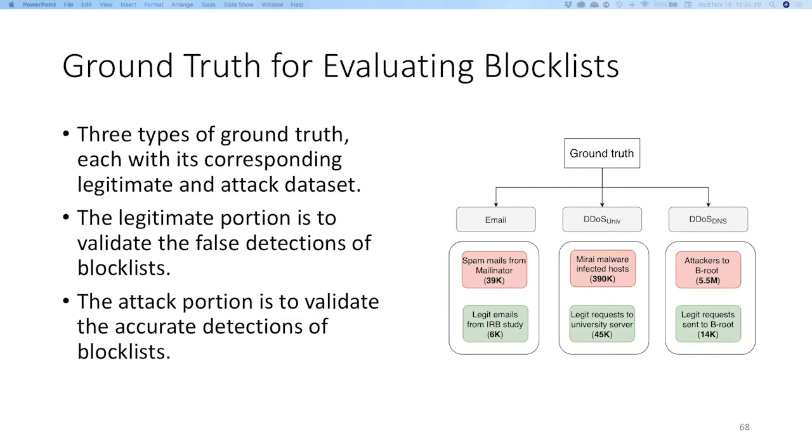For each type of data set, we maintain the legitimate portion to evaluate how effective BLAG is in recognizing misclassification. And we also have the attack portion to determine how effective BLAG is in capturing these attackers. For the email data set, we have the spam mails from Mailinator, and we have legitimate emails from an IRB study which we conducted.